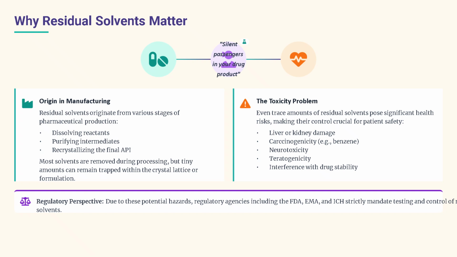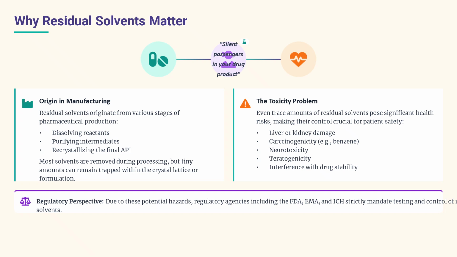Class 2 solvents. These are more common but have potential toxicity if present above certain limits. Think methanol, toluene, or acetonitrile. The FDA sets PDE limits, permitted daily exposure, for each. Class 3 solvents.